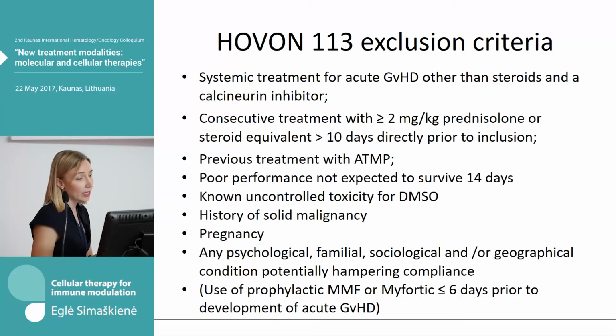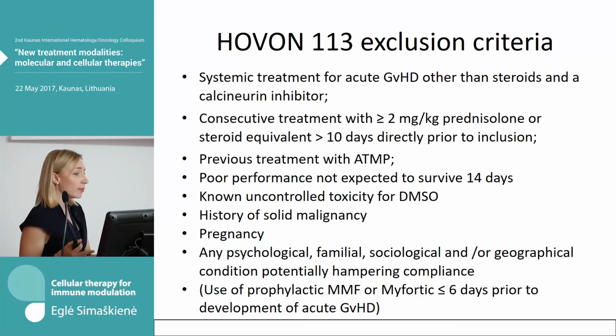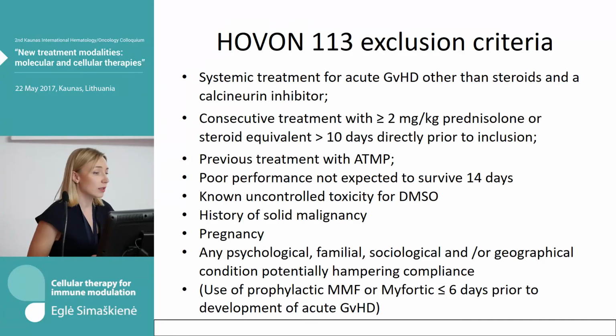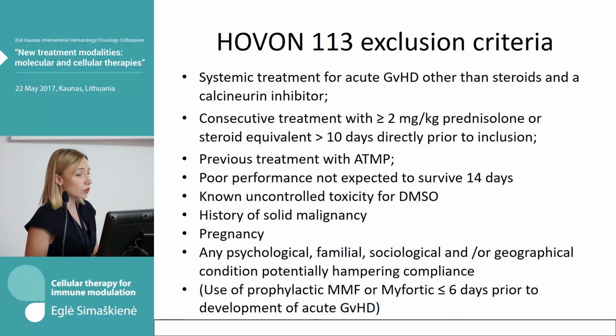Exclusion criteria are actually really big, and that's why it's not so easy to include a lot of patients from different centers. For these patients, systemic treatment for acute GVHD other than steroids and calcineurin inhibitor is an exclusion criterion.